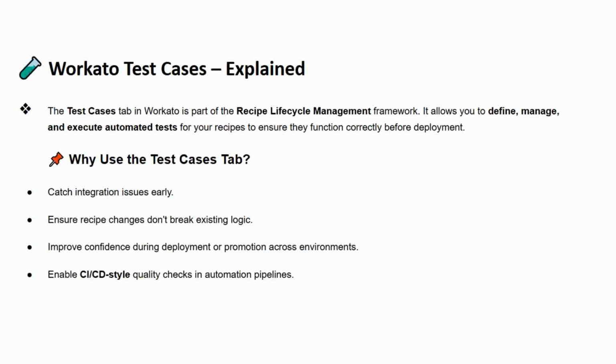The test cases tab in Workato is a part of the recipe lifecycle management framework. It allows you to define, manage, and execute automation tests. For example, suppose you have already run a few recipe jobs, but there is no record you can test with your customer's or stakeholders' data.